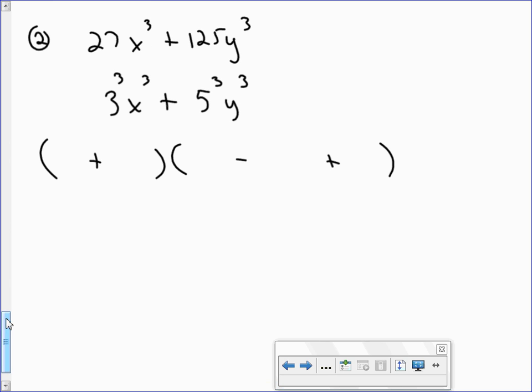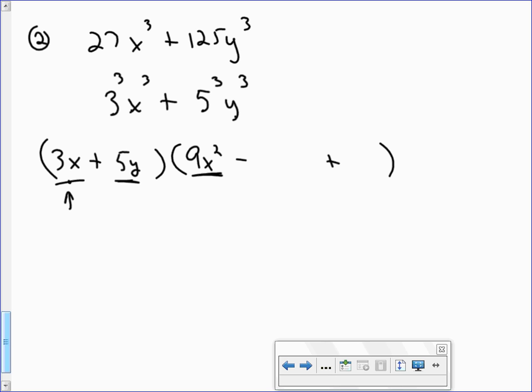All right, so what goes right here in this first spot? The 3 and the x. And what goes in the second spot? 5y. Does anybody have a question about where those came from? So what goes in this first spot here? This square, 9x squared.